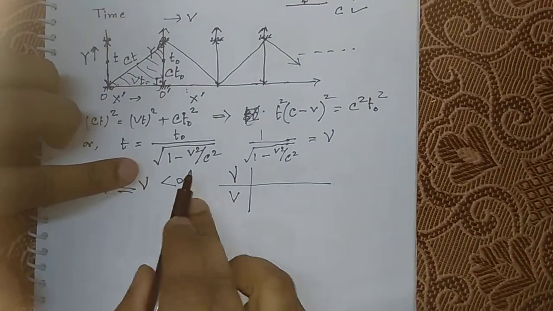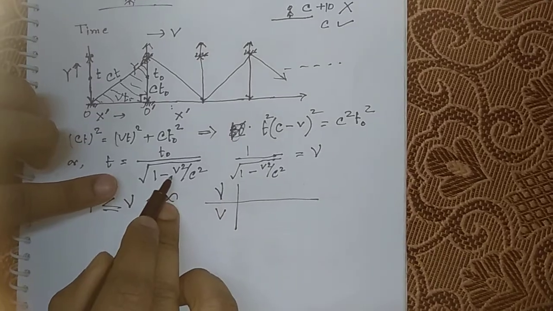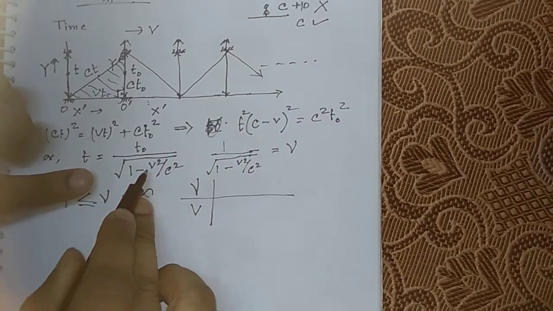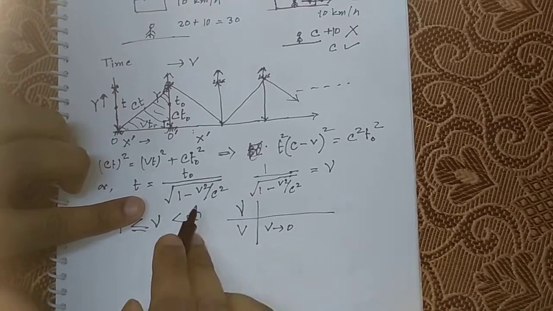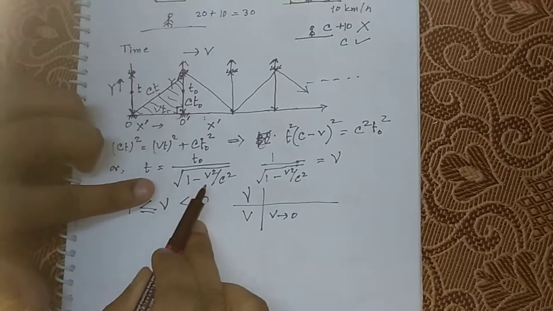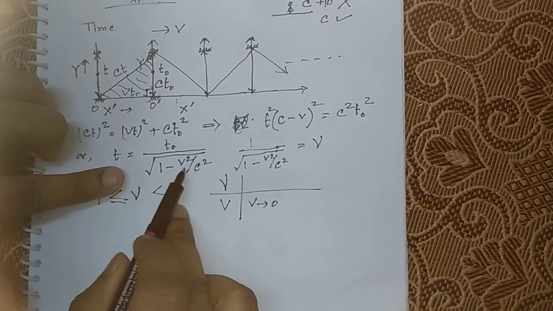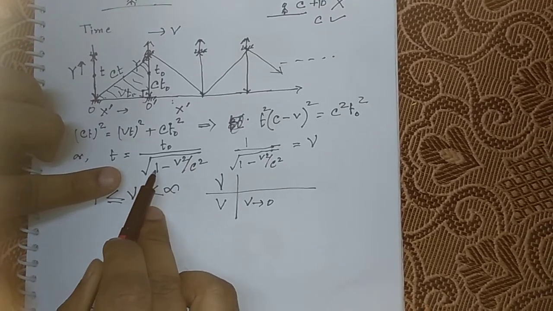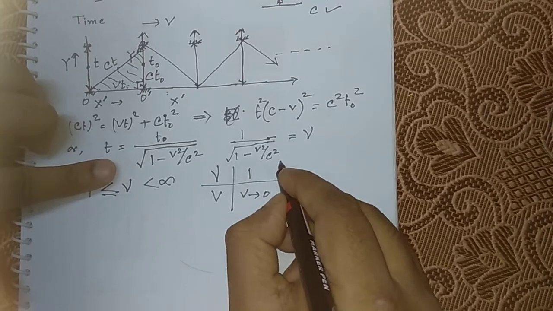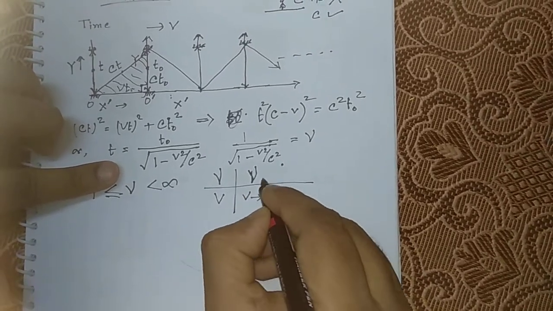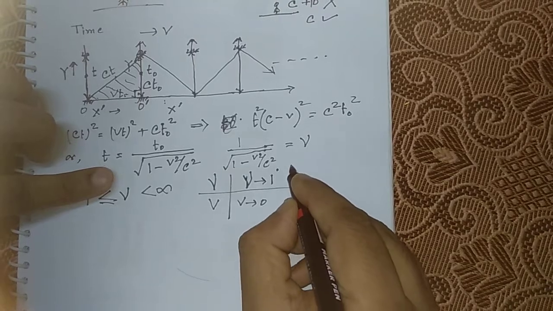Carefully observe this equation. If v tends to 0, very close to 0 but not equal to 0, then this term vanishes and only 1 remains, so gamma tends to 1.